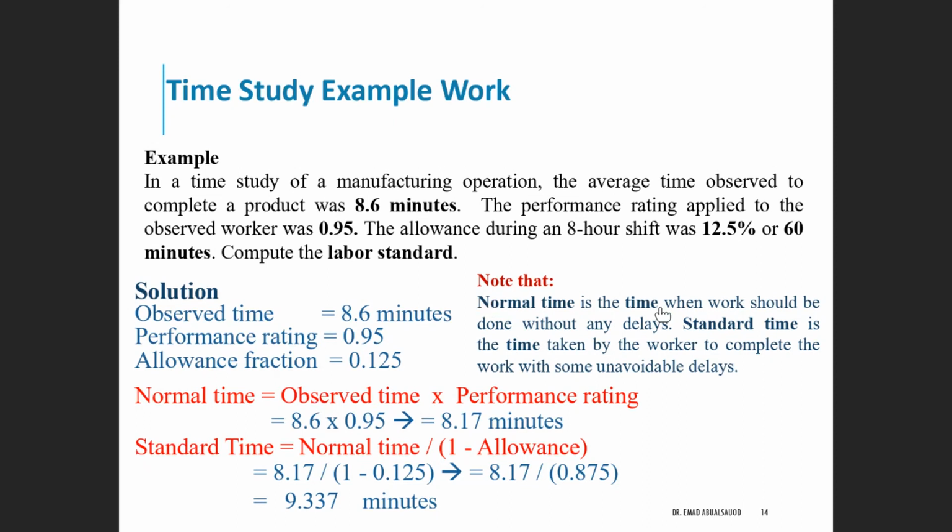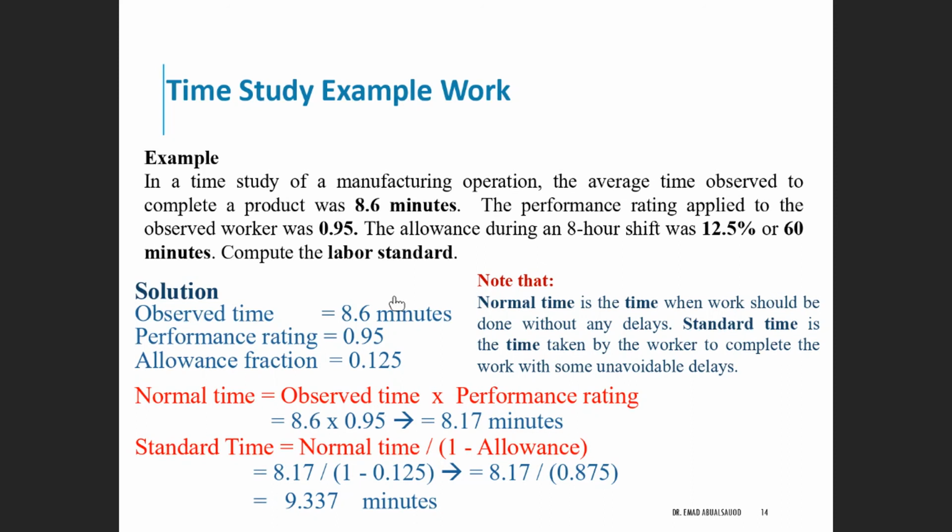We learned how we find the normal time and standard time for the job by having the formula: the normal time, the time that doesn't have delay; the standard time, that is completed by the workers and has some unavoidable delays. So usually the standard time is a bit more than the normal time. In the normal time, the performance rating usually is set by the organization and it's given to you.